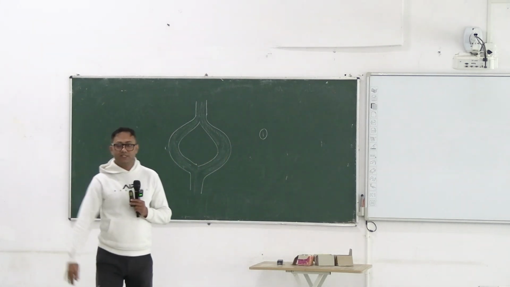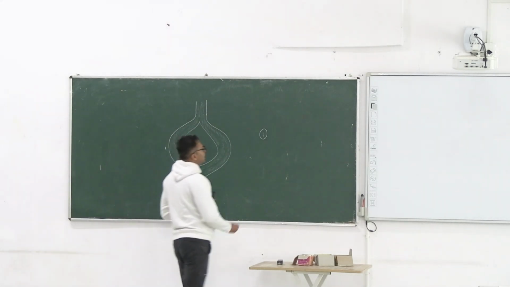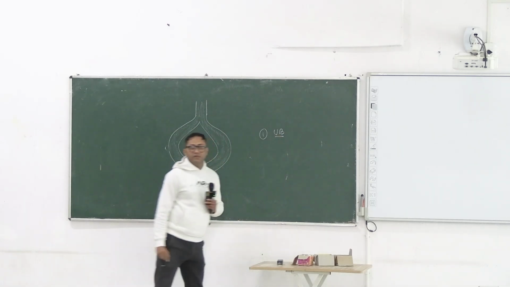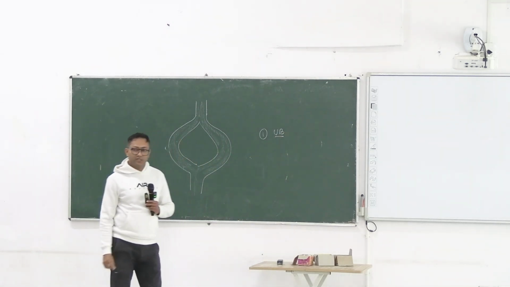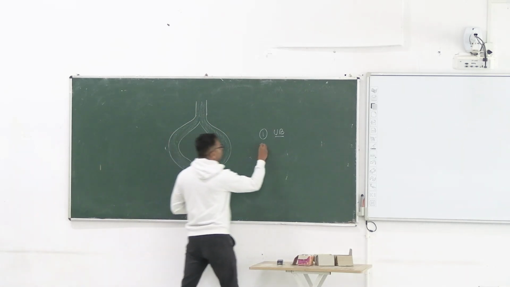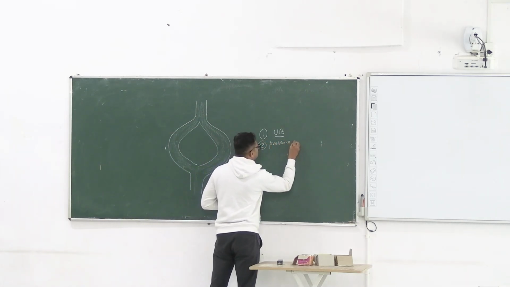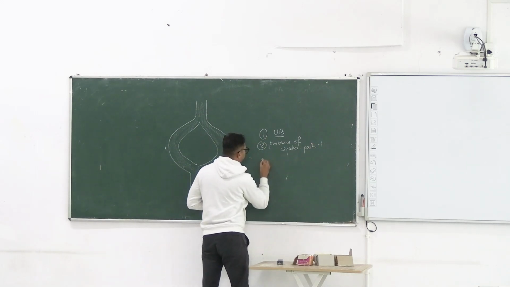Right. Okay. So three conditions that are prerequisite to fulfill the re-entry, right? So number one is unidirectional block that I explained here. What is unidirectional block? Number two is presence of circular path. Okay.